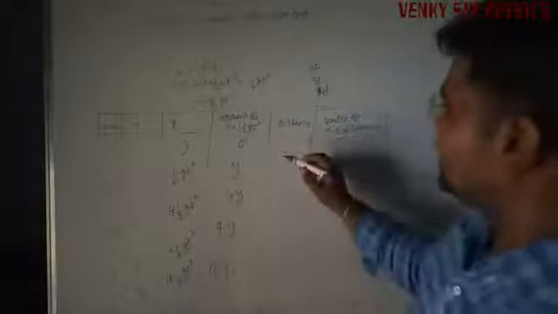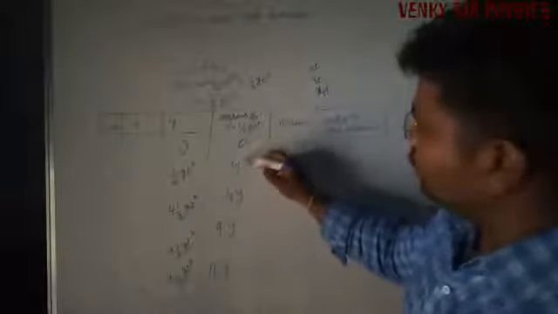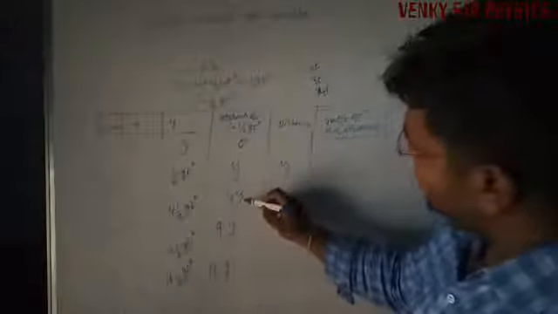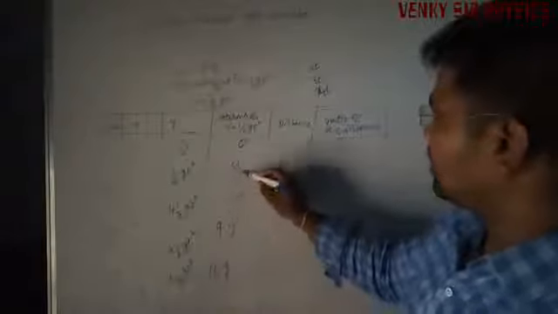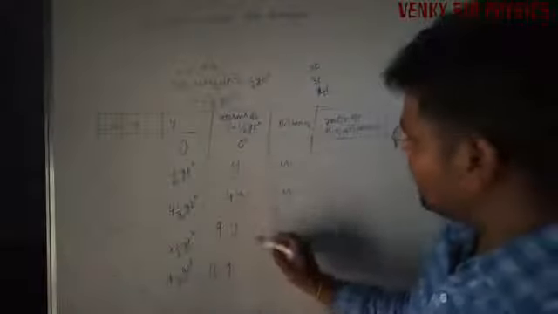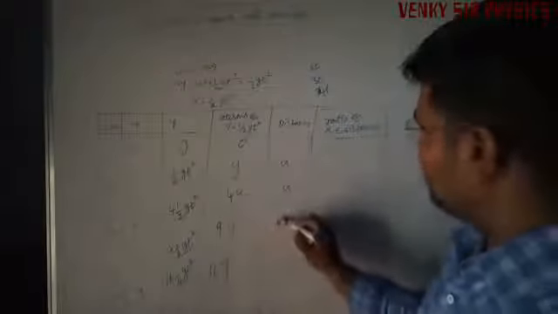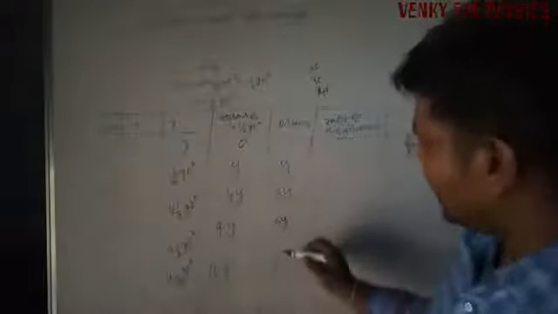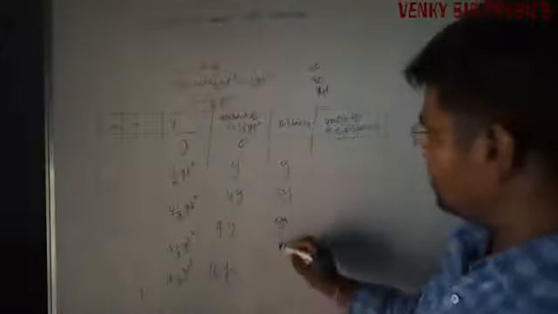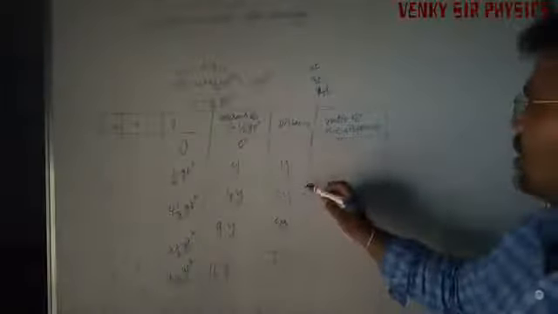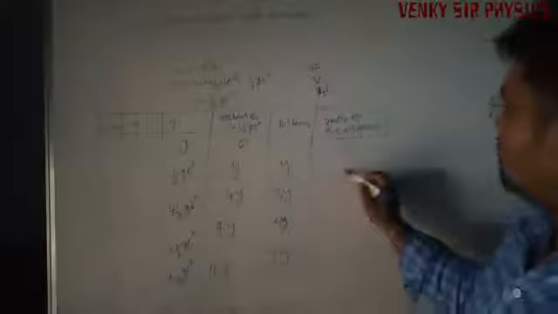Distance traversed: 0 to y, y minus 0 is y. 4y minus y is 3y. 9y minus 4y is 5y. 16y minus 9y is 7y. Understand? The ratios are 0, 1, 3, 5, 7.